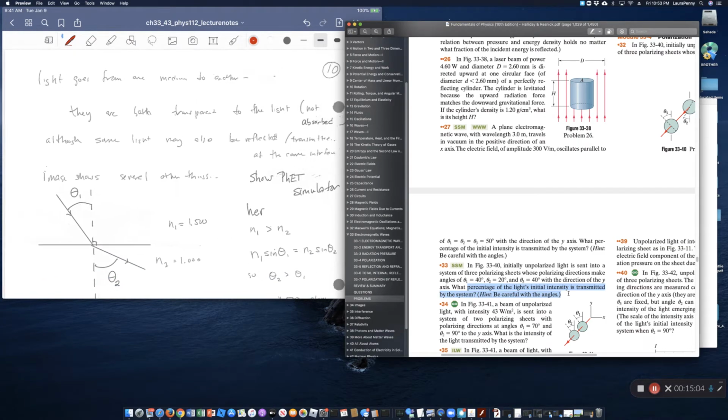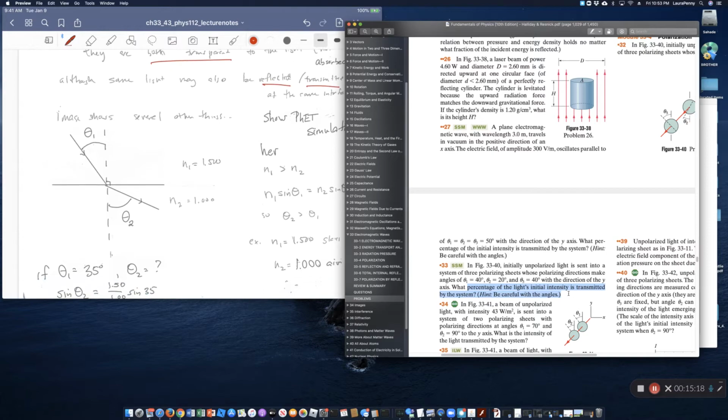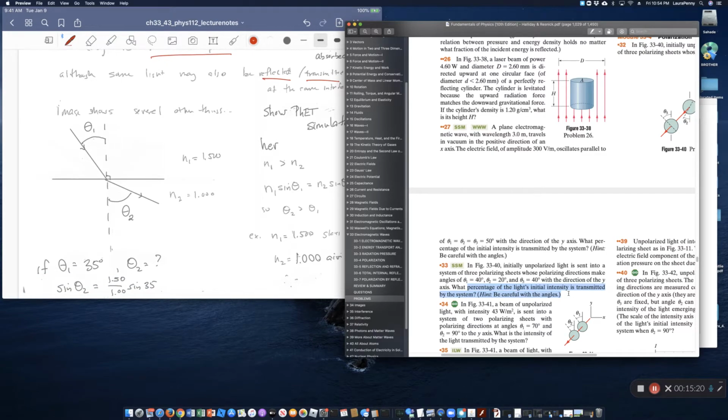Again, both media have to be transparent to the light. The light can't be absorbed in there, or at least not completely absorbed. Some of the light probably is still reflected, but some of it is going to be transmitted. Here I'm showing a diagram of where the light is coming from a material that has a higher index of refraction to a material which has a very low index of refraction.